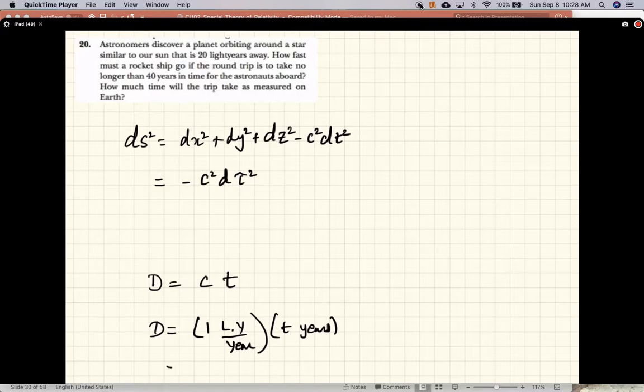So the distance traveled in t years will be t light years. Those will be the units, and in these units c is 1.